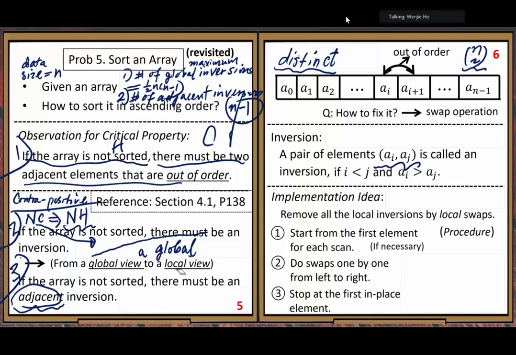Which element is in place after the first scan? The scan means you do an adjacent comparison, and if you get one inversion, you swap the two elements, all the way from beginning to end. So after this whole scan, can you see any element in place? It's important.